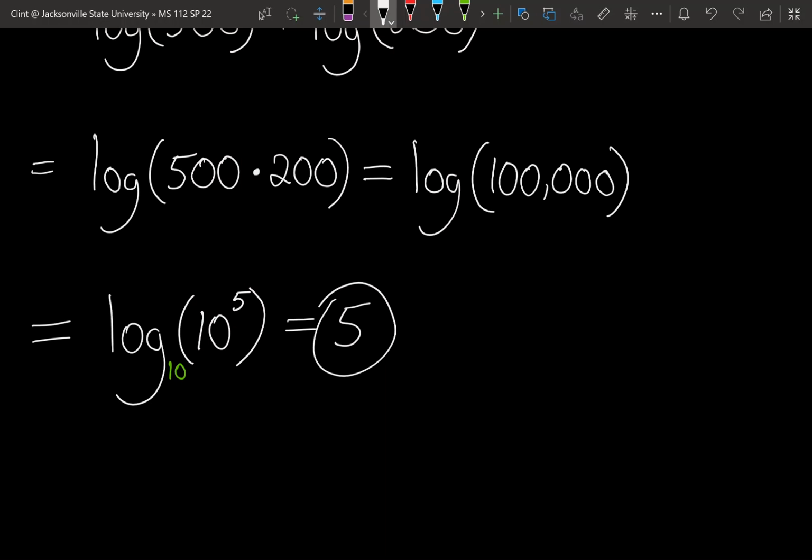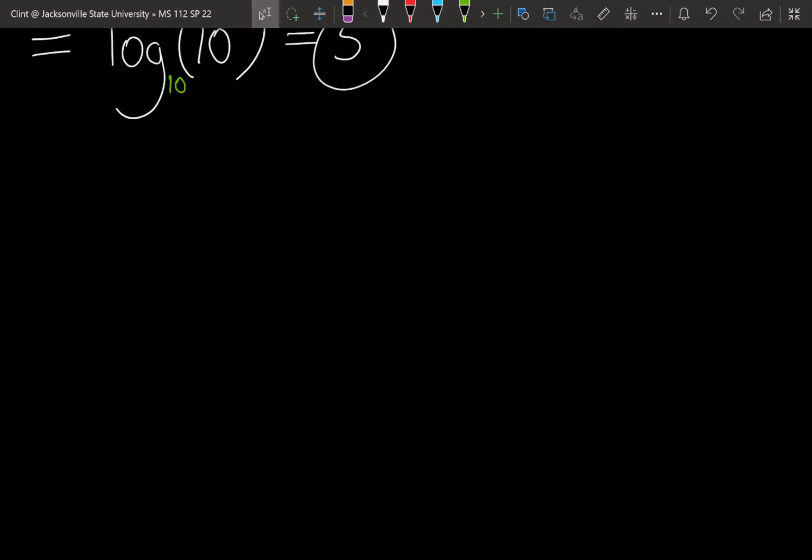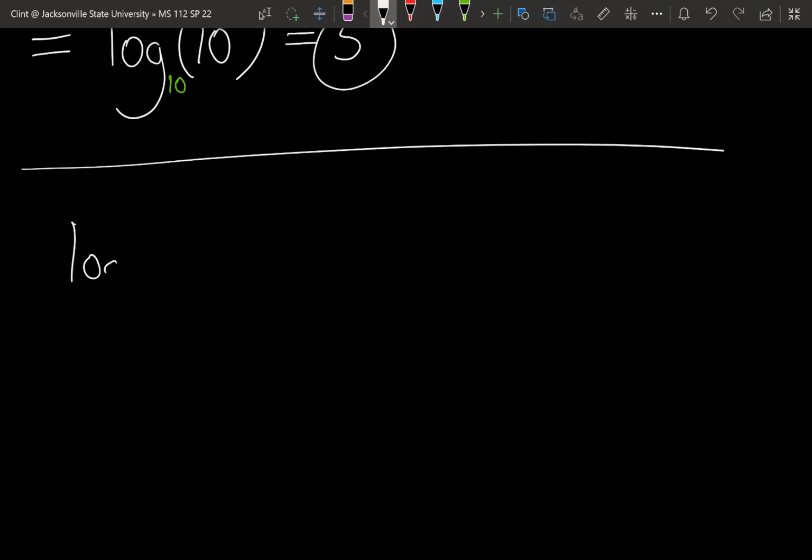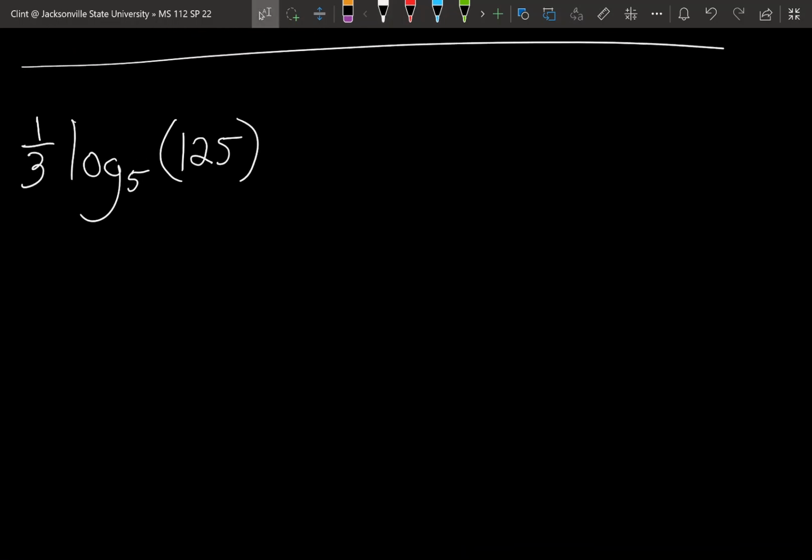Okay, let's do one more. Here's this one. The same thing: we want to end up with a number as our answer without a logarithm. Our base is 5, so that gives us a hint.